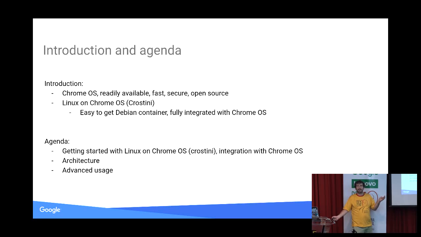So that might be interesting outside of the Chrome OS world. And finally, we're going to do some advanced usage over what other things you can get done in this type of system that is not exactly the normal use case, and maybe we'll try a demo, maybe. Or if that fails, I have slides.